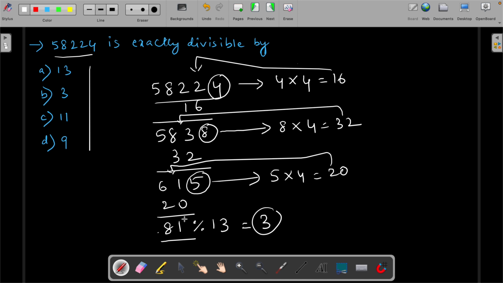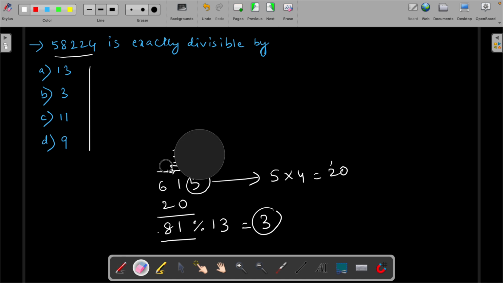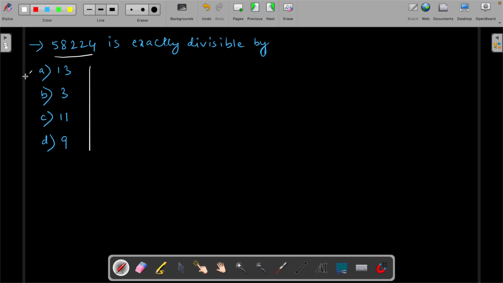Now let us see if the given number is divisible by 3 or not. When do we say that a number x is divisible by 3? Take out all the digits that are present in the number. Find out the sum of all the digits.